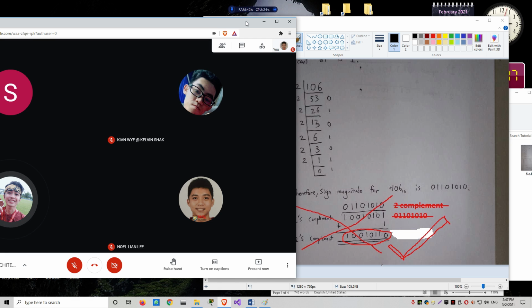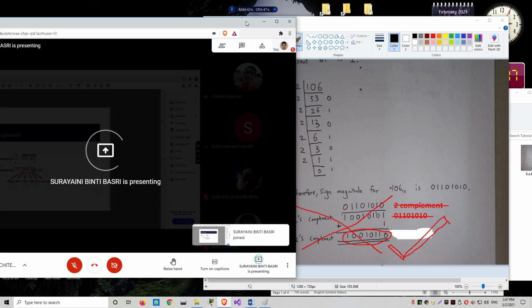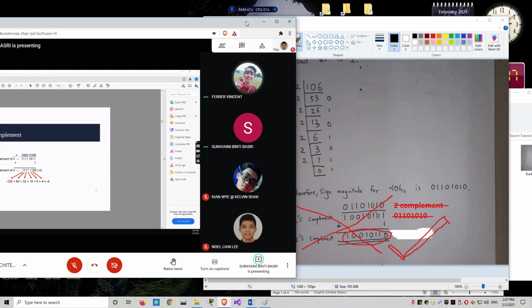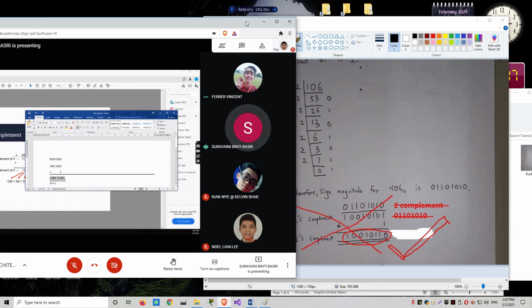This one is two's complement, and then you get negative 128 plus 64 plus 32 plus 16. Do you see my screen? Okay, because we already have this, so this is the value. Just ignore the most significant bit and use the 7 bits.